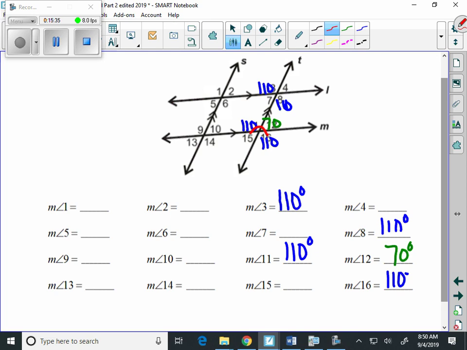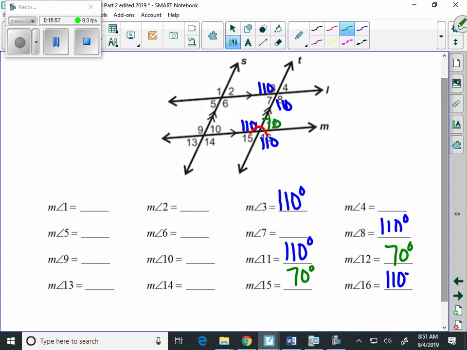With lines L and M being parallel and the transversal T, we can get the rest of these on this side, because 70 is vertical to angle 15. And again, vertical angles are equal. Now we can look at the top of the parallel line and to the right, which is 70, the only one I have marked on here.